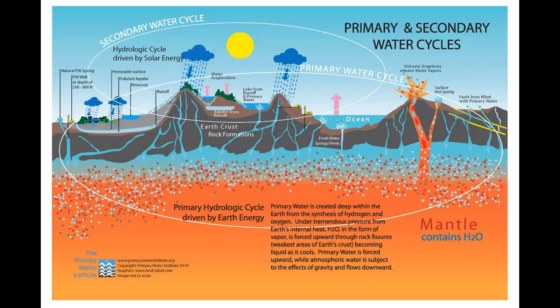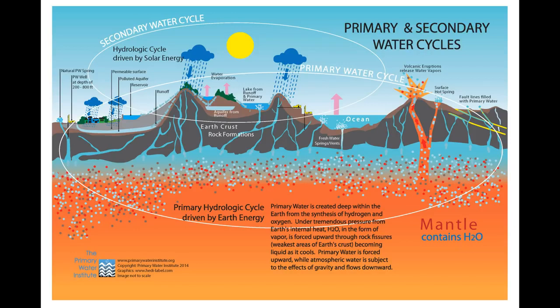H2O in the form of vapor is forced upward through rock fissures, which are the weakest areas of Earth's crust, becoming liquid as it cools. Primary water is forced upwards, while atmospheric water is subject to the effects of gravity and flows downward.